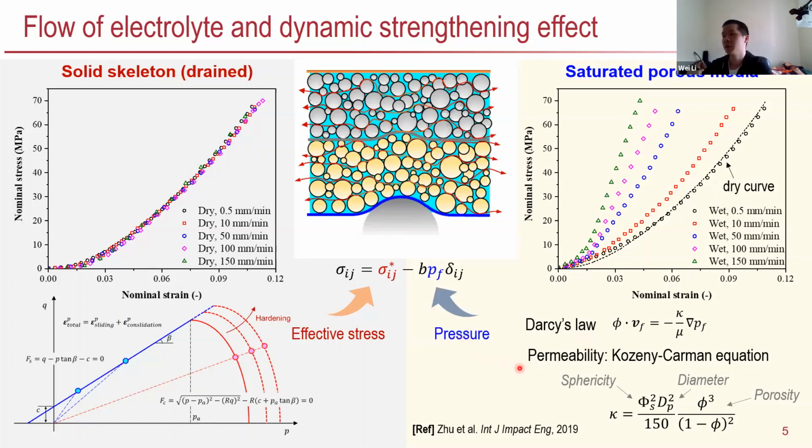These two parts can be connected by some continuity equations. With this theory, we're able to predict this strengthening effect. So this is basically our physics model for this problem.